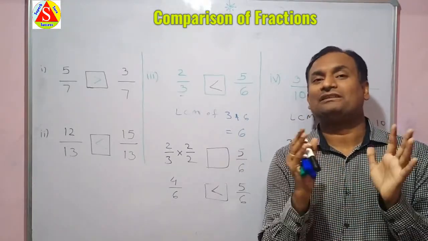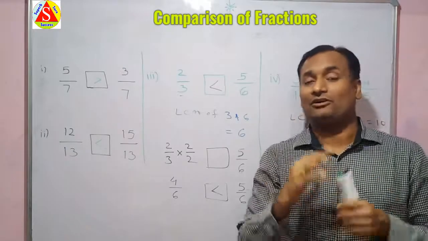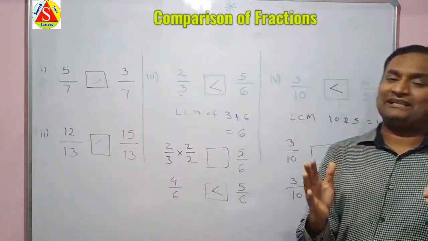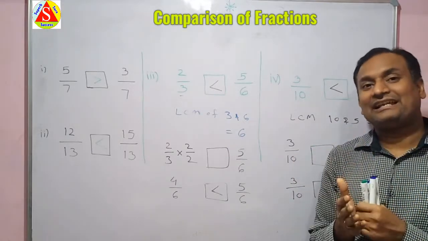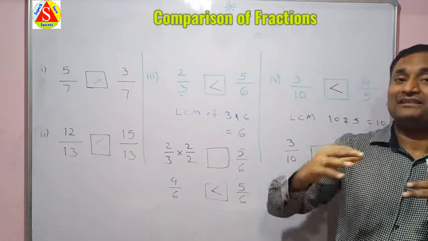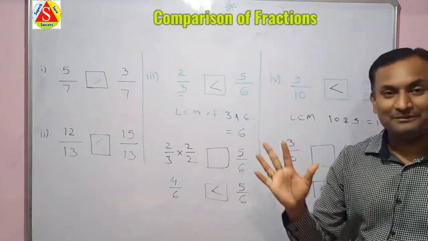Only one thing you have to take care of: if you have different denominators, or unlike fractions, only in that case you have to take the LCM, and by taking the LCM you have to make the denominators equal. I hope it will be clear to you.